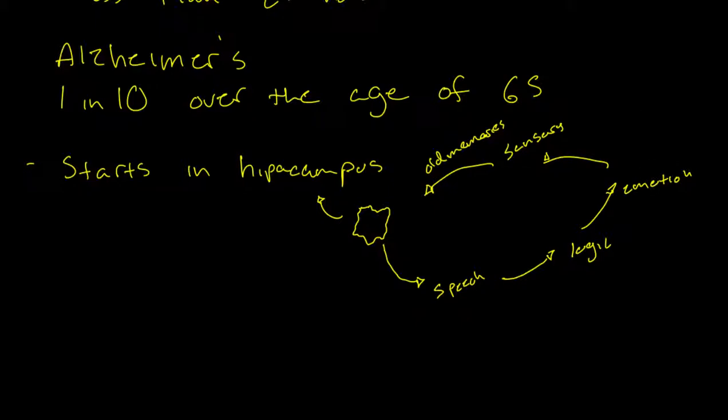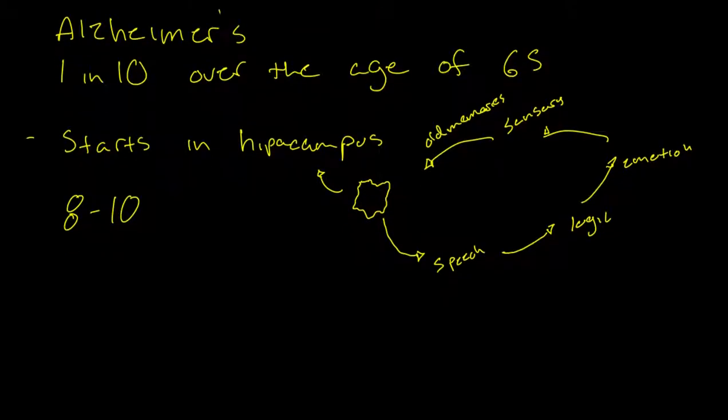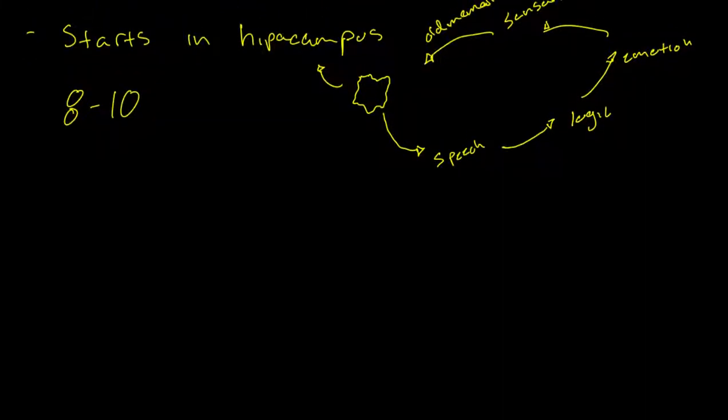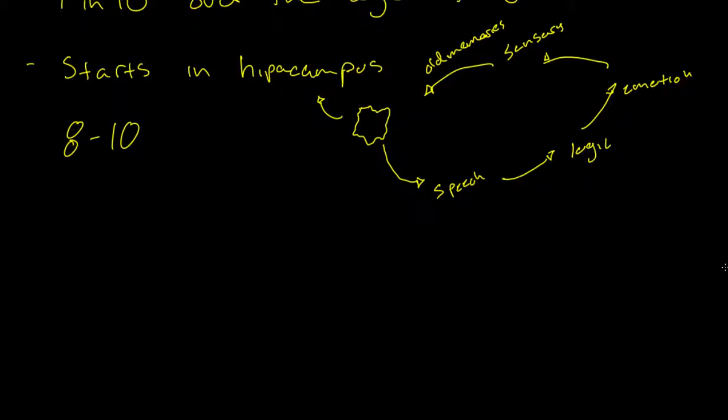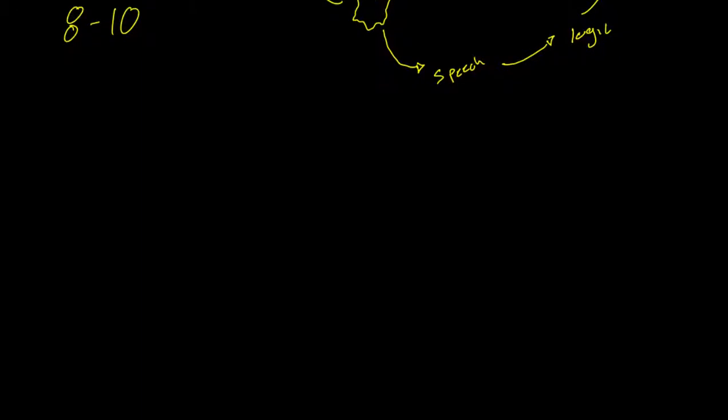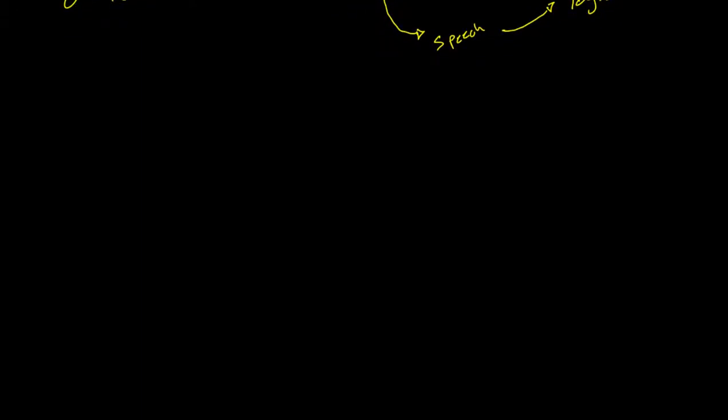It normally takes 8 to 10 years for it to run its full cycle, or to actually be fatal. Eventually it'll start to destroy the autonomic processes of the brain, what we need for respirations and heart rate, and that's generally the cause of death for most Alzheimer's patients. Next we have Parkinson's.